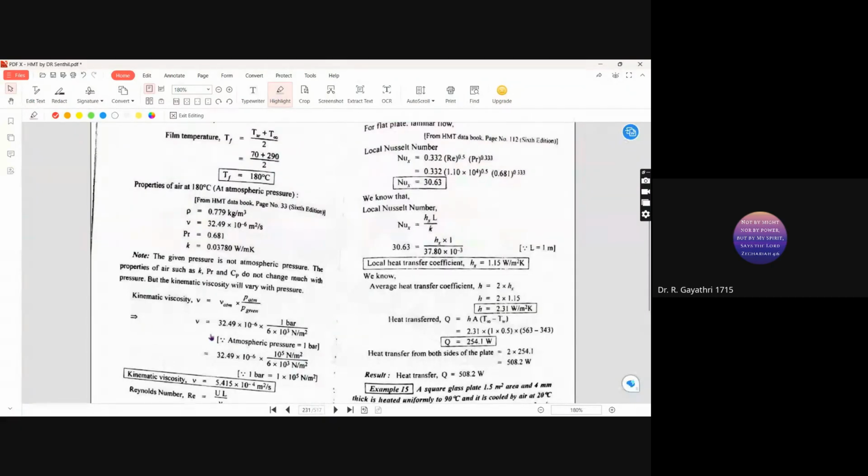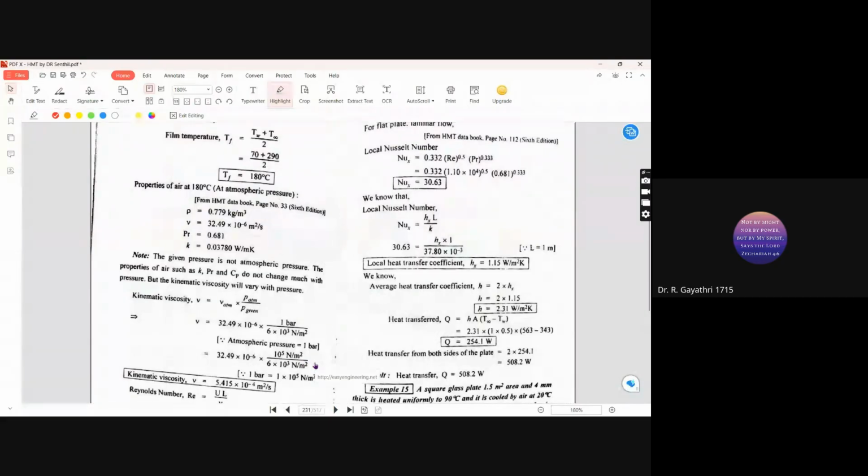So nu value is equal to nu at atmospheric pressure. It is found from the data book, 32.49 into 10 power minus 6 meter square per second, times the atmospheric pressure value, 1 bar, that is 10 power 5 Newton per meter square, divided by the given pressure value.